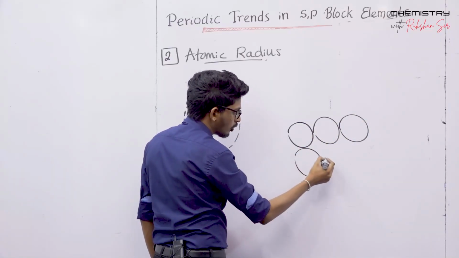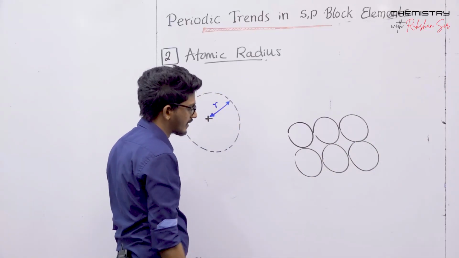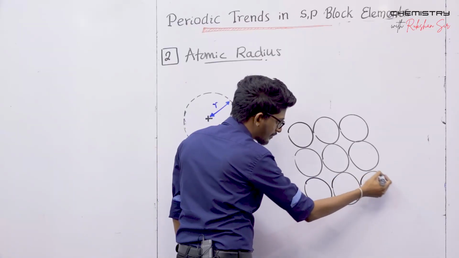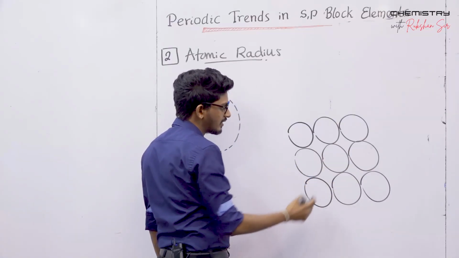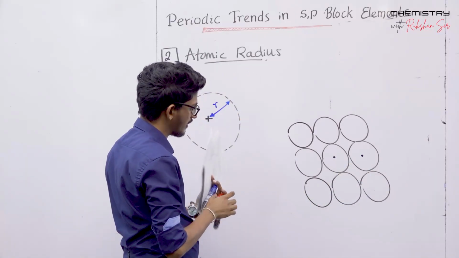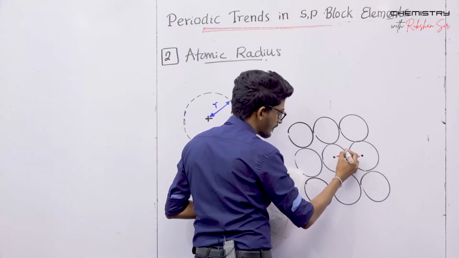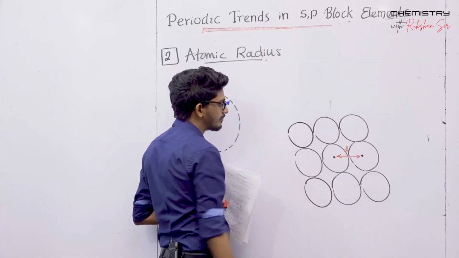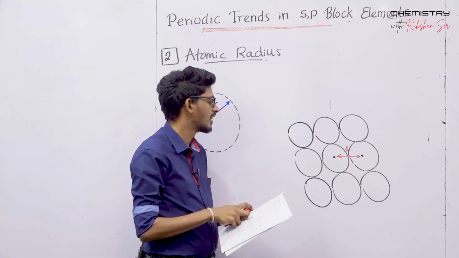Basically we can think of solid state substances, where the atoms are closely connected to each other. Then we take the distance between the two nuclei of atoms and divide that by two, and take the value as the atomic radius.